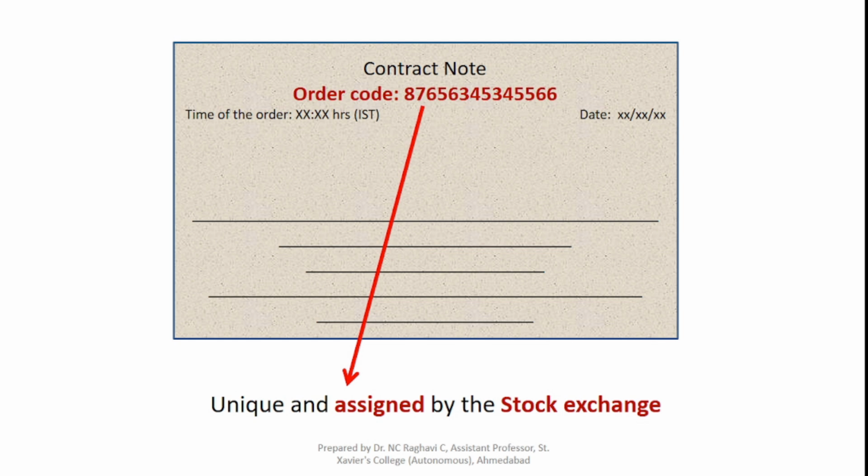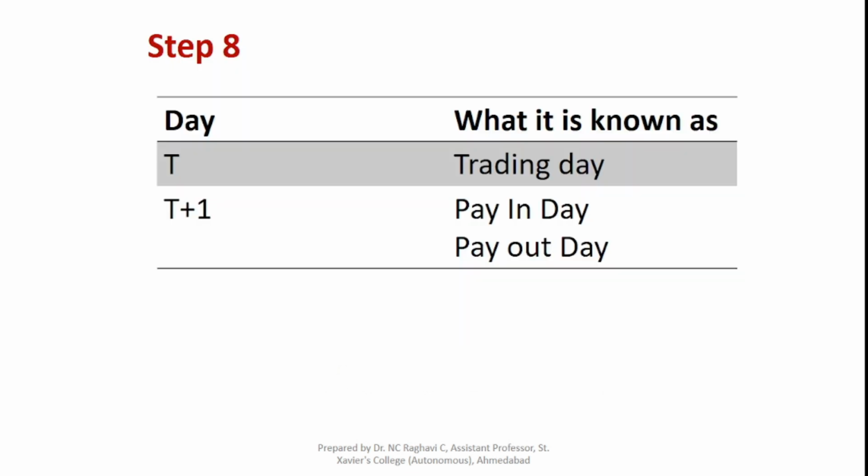It is unique and assigned by the stock exchange. This order code matches with the respective opposite transaction which is undertaken. This helps the stock exchange to identify from where the securities have to go to which account and from where the funds have to go into which account.